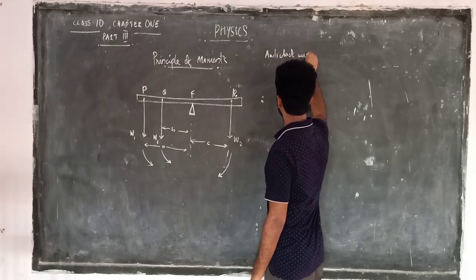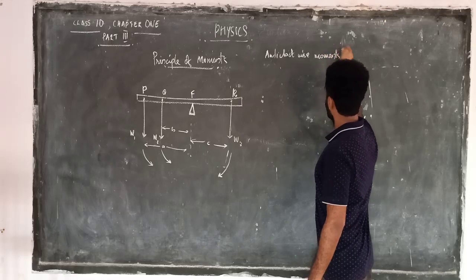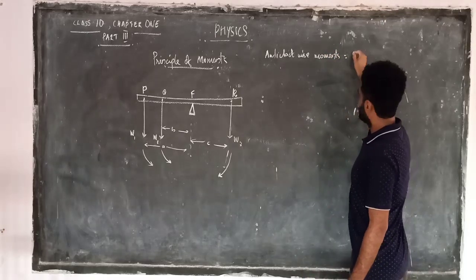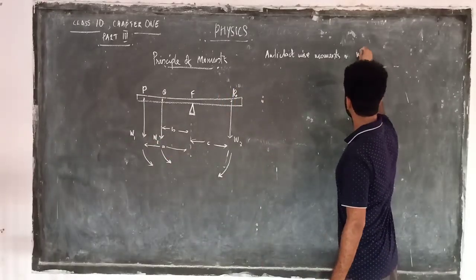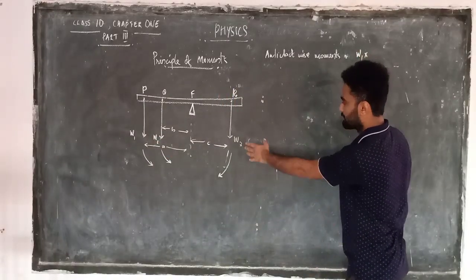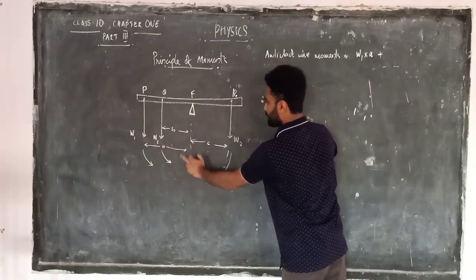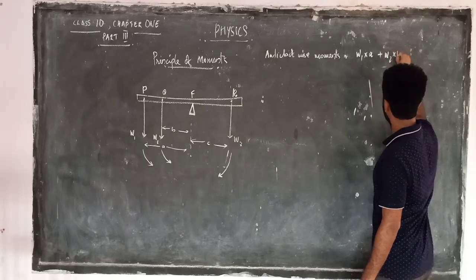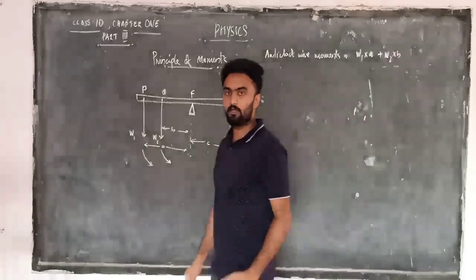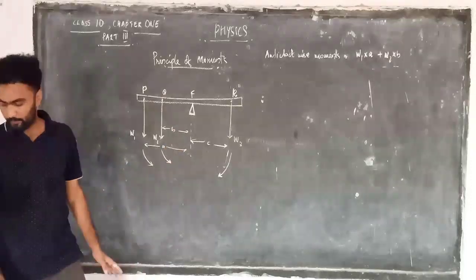Anti-clockwise moment equals force into perpendicular distance, that is W1 into the perpendicular distance A, plus W2 into the perpendicular distance B. Clear? This is the total anti-clockwise moment taking place on that particular body.